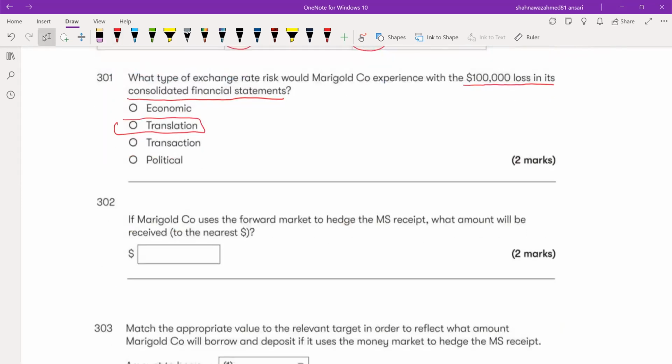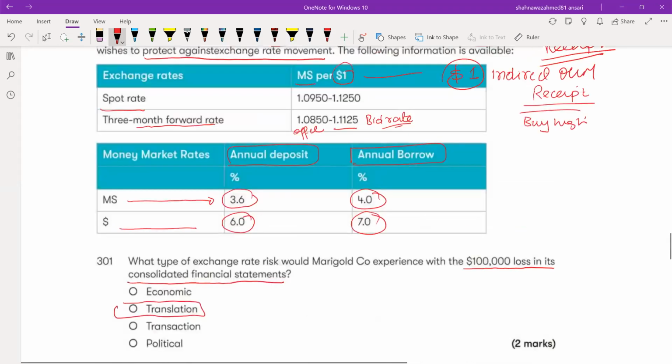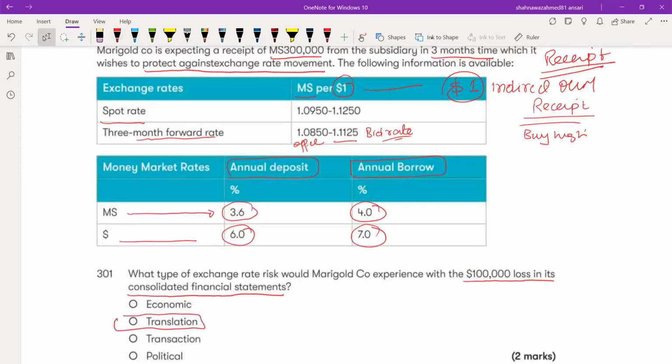If Marigold uses the forward market to hedge the receipt, what amount will be received to the nearest dollar? Now the important thing is that we have a receipt of 300,000 MS. We have to correctly choose the forward rate. As the bank will buy, the correct rate is the bid rate, which is more than the selling rate, 1.1125.